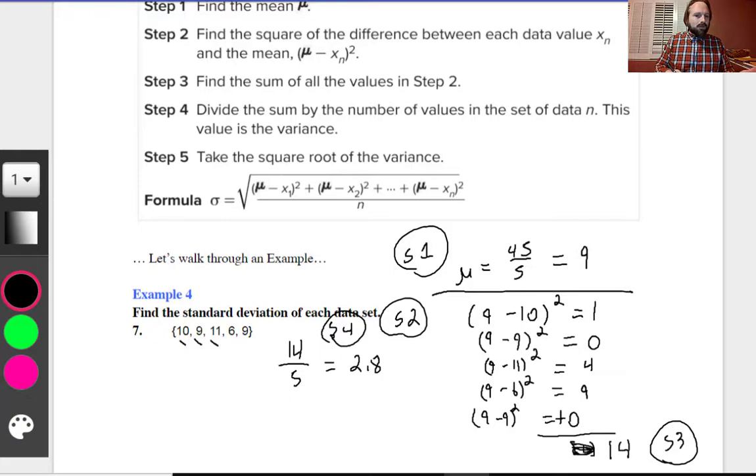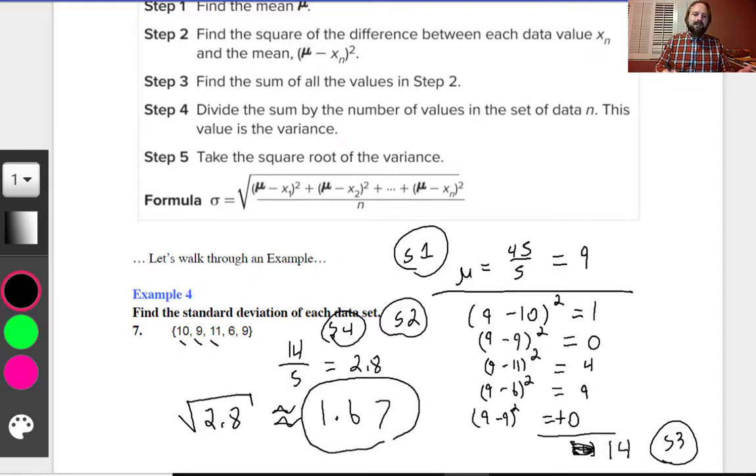So all we have to do is go to a calculator, click the square root button, and plug in 2.8. And it will tell us our answer of around, so it's going to give us a round number, 1.67. So this is our standard deviation for these numbers.